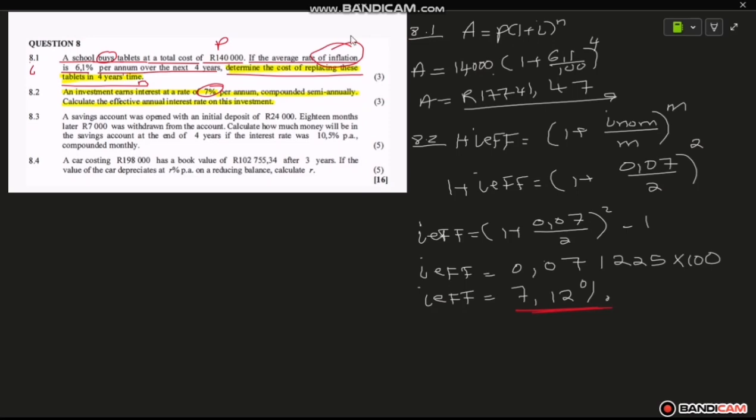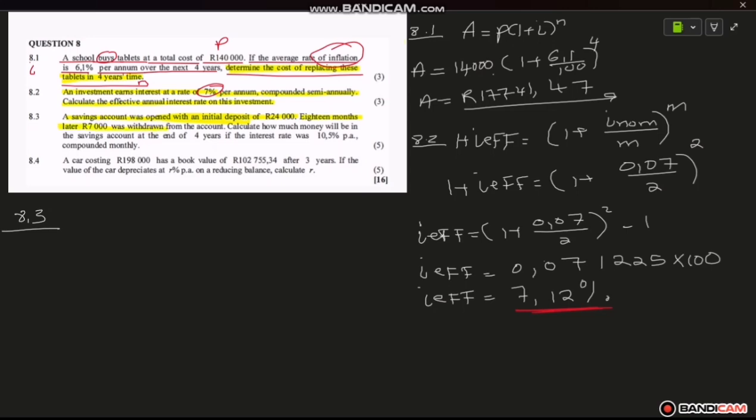So let's try to answer 8.3. So 8.3, they're telling us that, let me just use the highlighter. A savings account was opened with the initial deposit. Remember those formulas? Of 24,000. 18 months later, 8,000 was withdrawn.